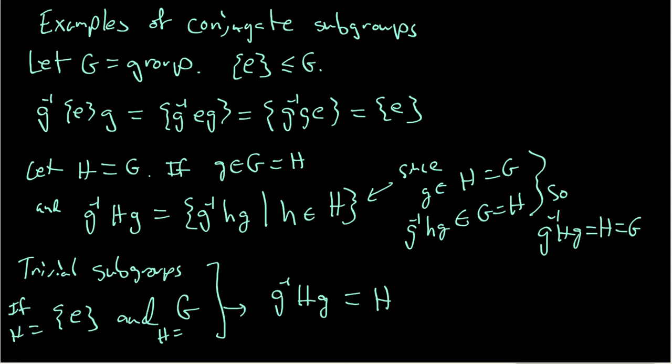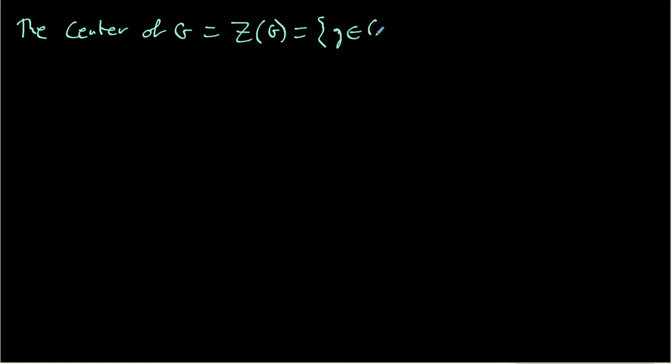Well, now what I want to do is look at two kinds of subgroups that were introduced back in Chapter 3's exercises. So the center of a group G is written as Z(G), and Z(G) is just the set of everything inside of the group such that it commutes with all other elements.